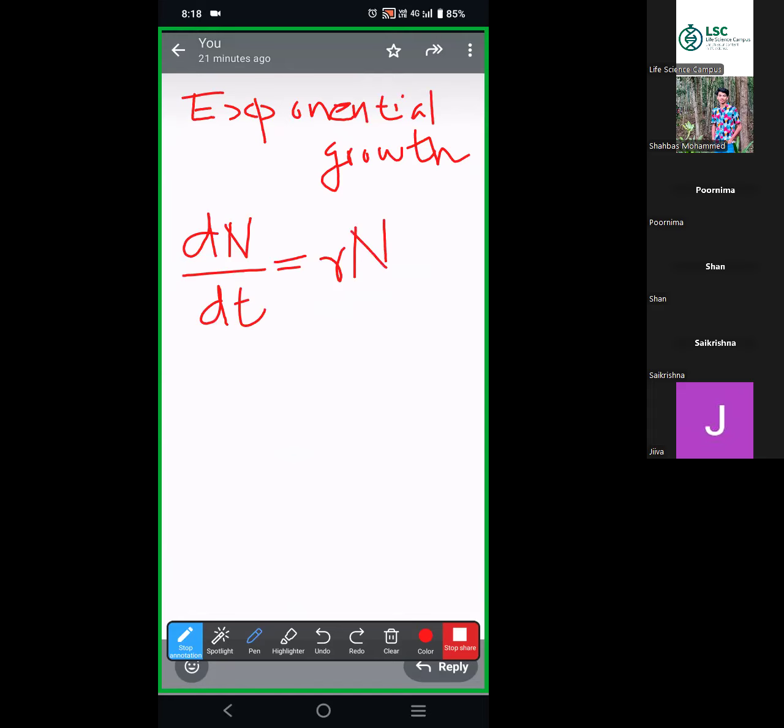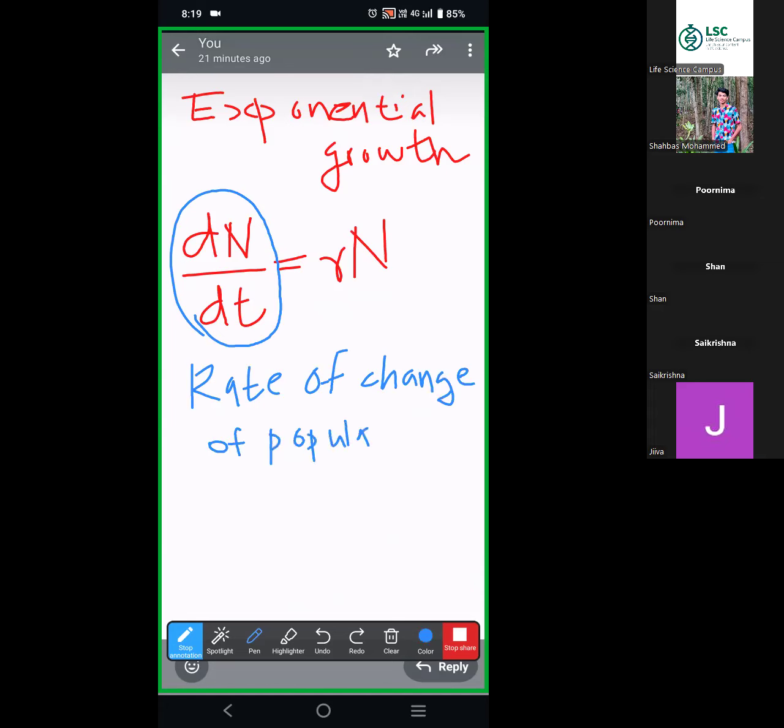This dN by dt is the rate of change of population size. R is the instantaneous growth rate.